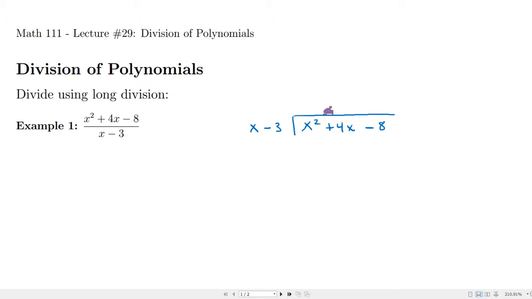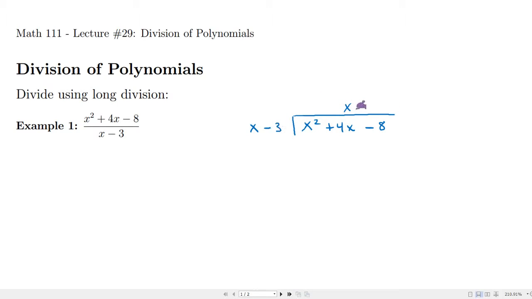So that's what you write. We're going to write x up here, and then we're going to multiply this x by the entire, well, it's originally the denominator, but what you're dividing by. So you cover up everything but the leading term to determine what goes up here.